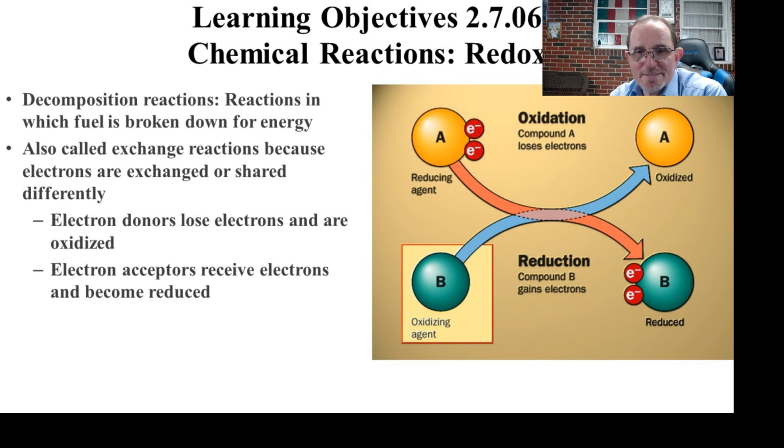When he does that, he has to give it to somebody, so he gives it to this guy. That's why these guys are always paired. The guy that gets the electron is reduced. The guy that gives up the electrons is oxidized. That's what redox is. Reduction, oxidation.